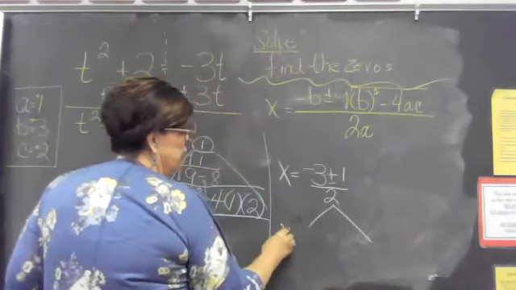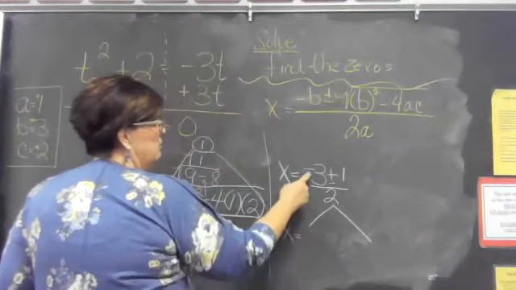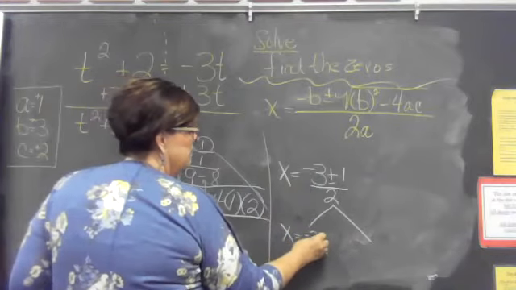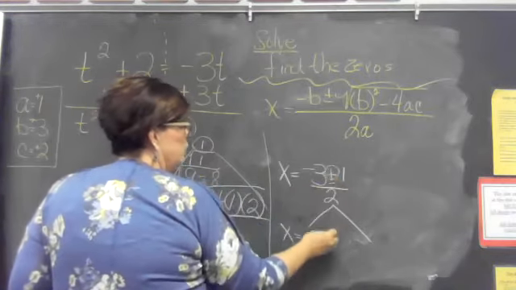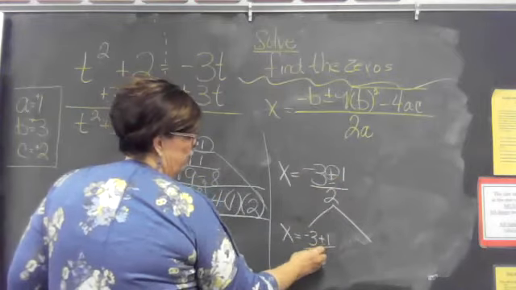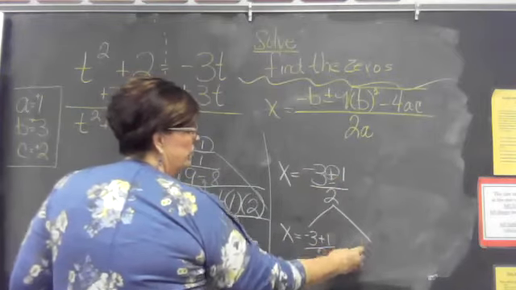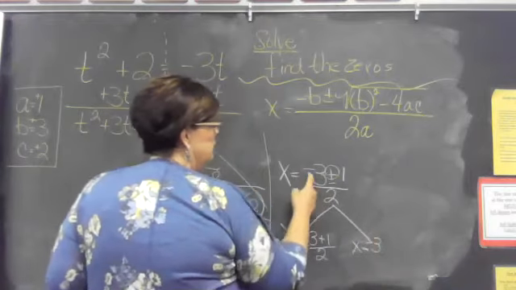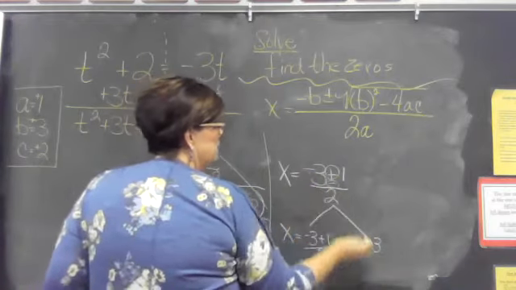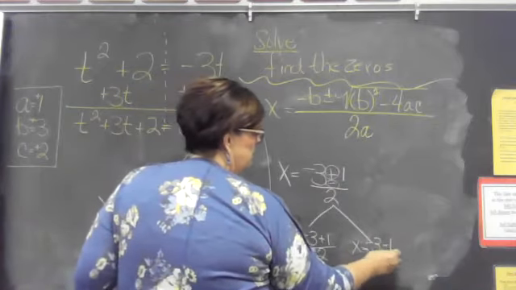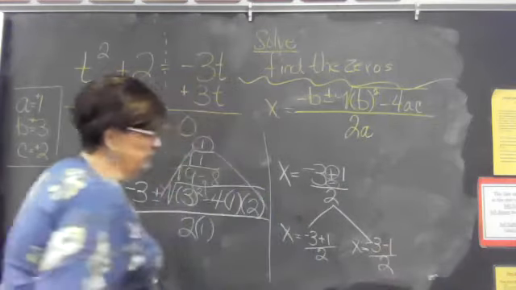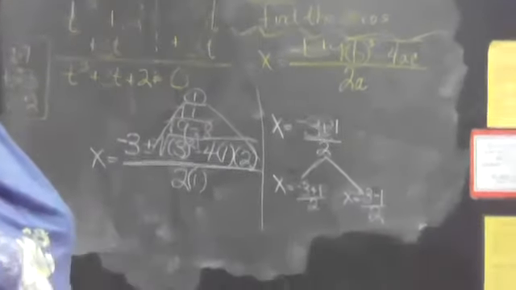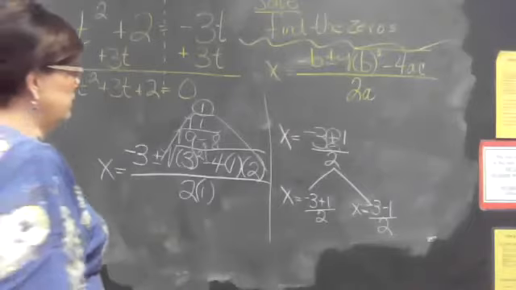So the first one is that x equals the negative 3 plus the 1 over 2. And the other one will be x equals the negative 3, because it's right there, minus 1 over 2. And all we have to do from here is just actually do your addition and subtraction.